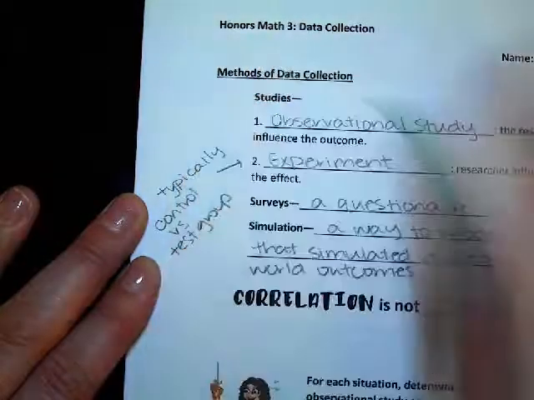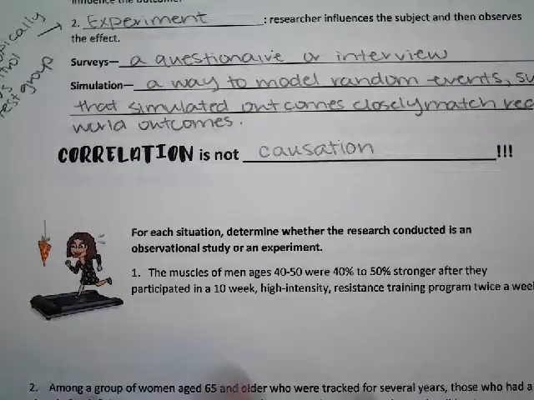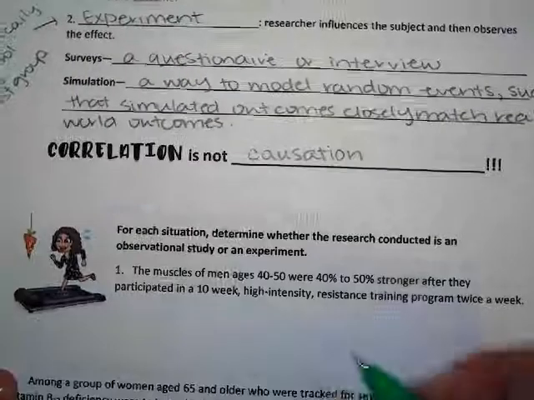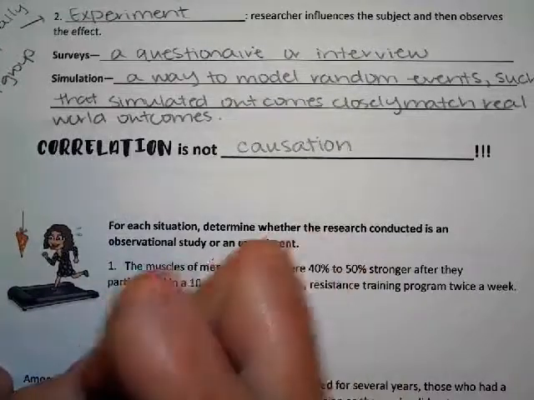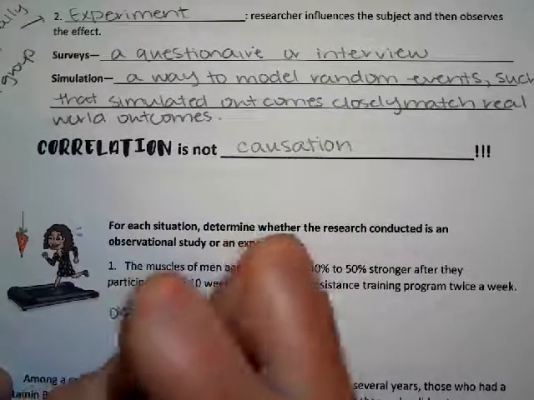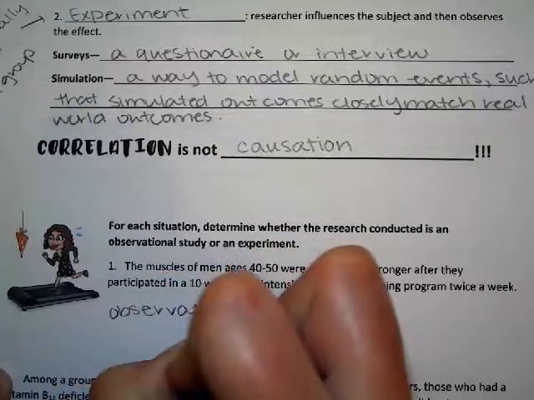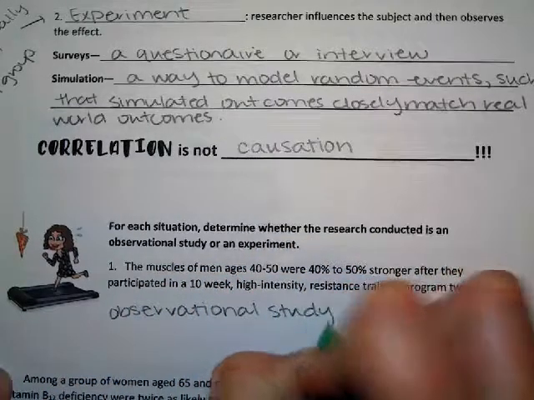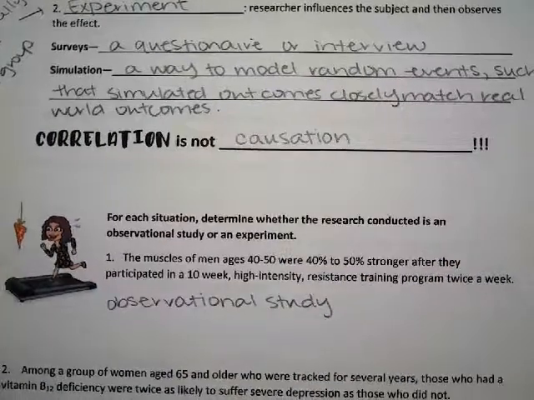Just because the group is doing something doesn't mean that it's not an observational study. It still could be an observational study. So for number one, this is an observational study. Yes, they did something, but they're not necessarily being forced.